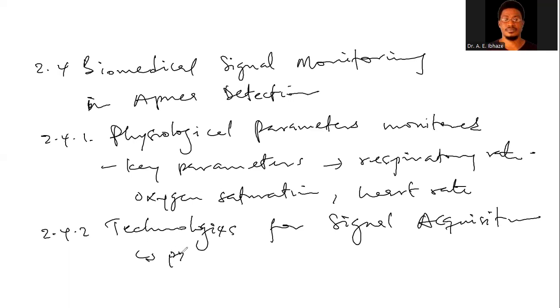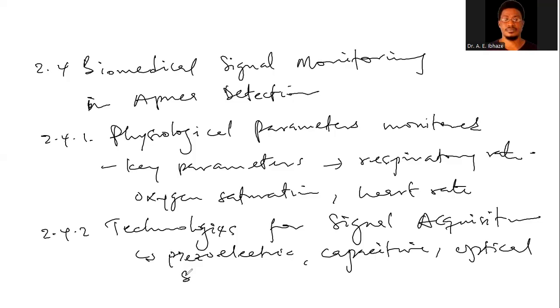Are we using piezoelectric, capacitive devices, or optical sensors? Which of the sensors will you be adopting, or which of the sensors are applicable? And then you also want to tell their working principles. So you don't just want to pick something from a blog. You want to pick these details from verifiable sources, okay?